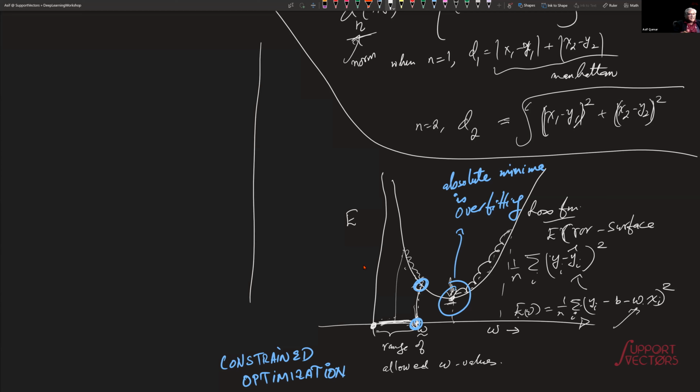What happens is that when you have overfitting, your weights or parameters, it could be biases, become large. When the parameters become large, it's a classic sign that you have overfit.